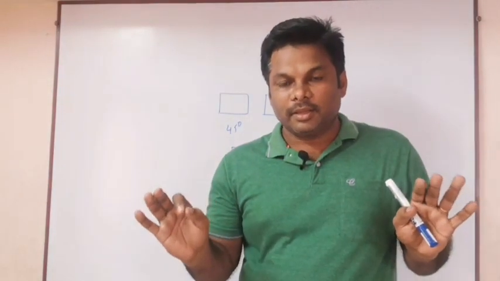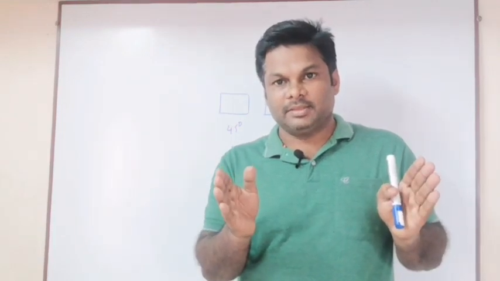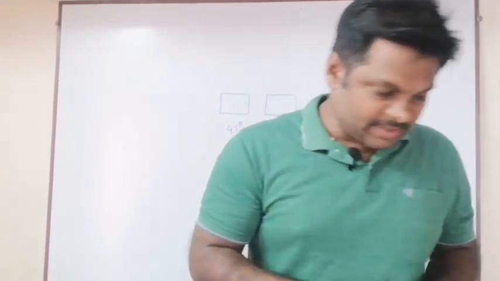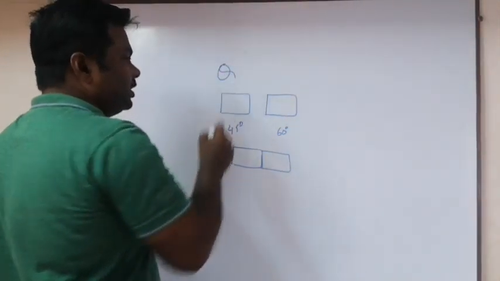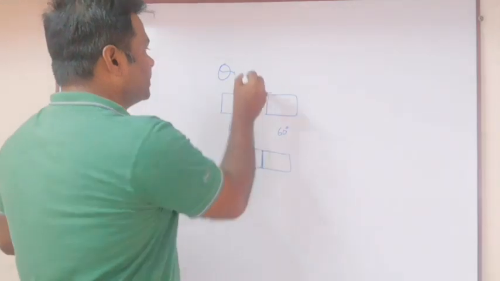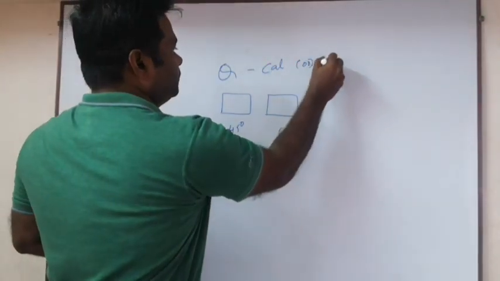So here the amount of heat which is supplied to any object, represented with the capital letter Q, will be measured in calorie or joule.